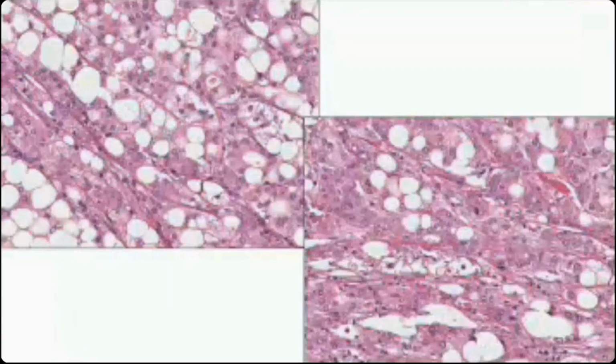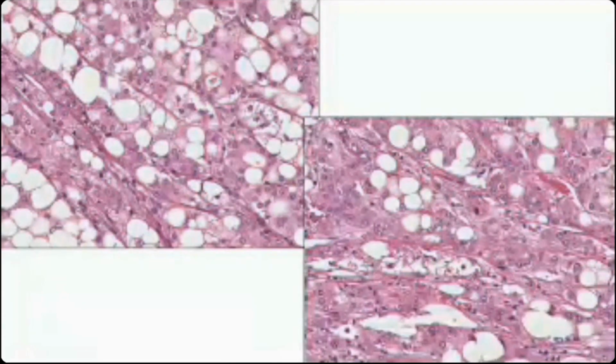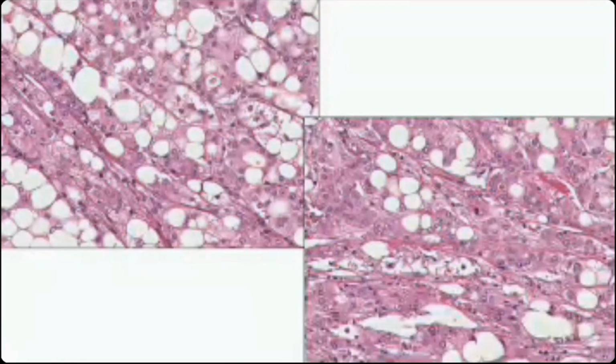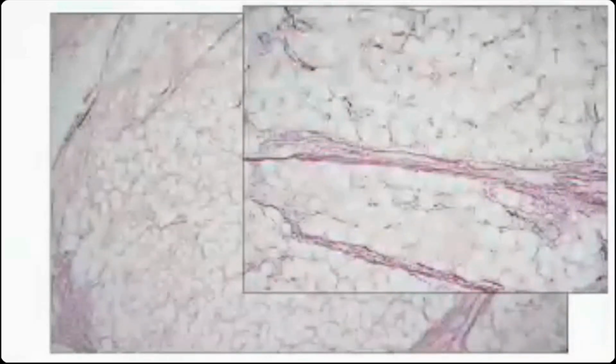And a lot of fat, more bile. Ballooned hepatocytes, lots of fat. A mitotic figure, more bile. So we've got mitoses, and when we look at the reticulin stain, we've got loss of reticulin. These cell plates are more than 4 or 5 cells thick. You can see it here.